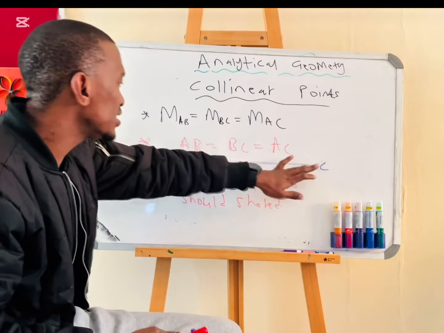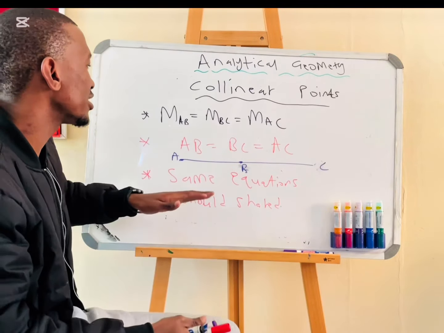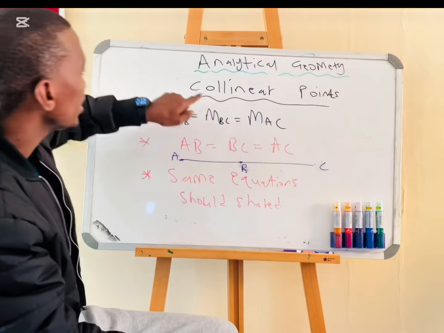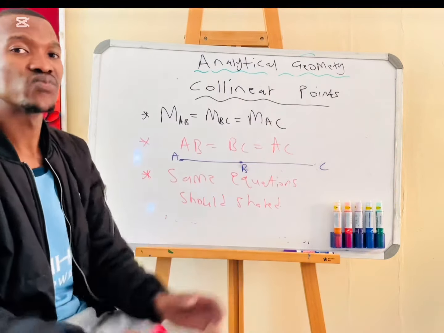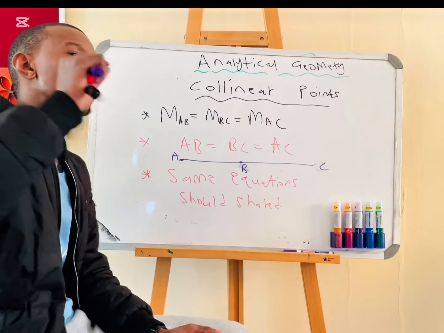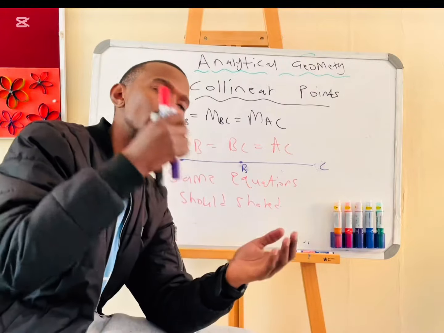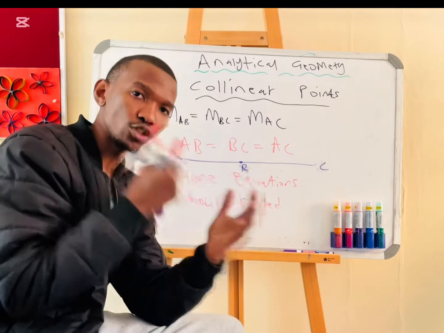And the equation of BC and AB will also be the same as the equation of what? AC. Why? Because they are on the same straight line, meaning they are what? Collinear. So these are the most important basic rules that you need to know, especially for those doing grade 10 analytical geometry.